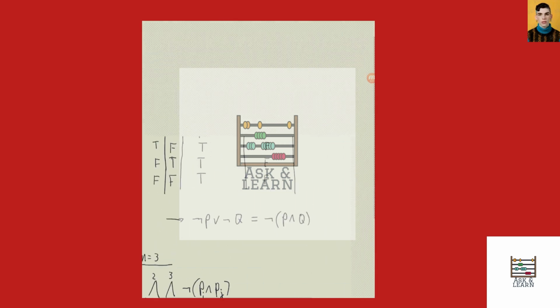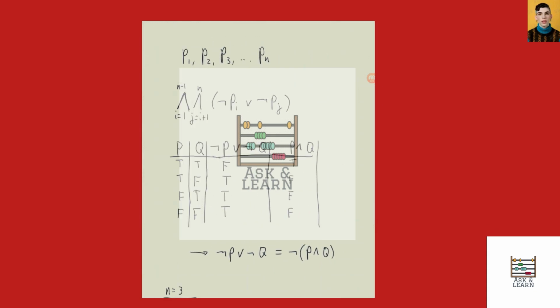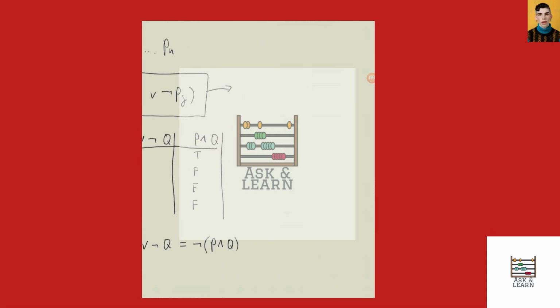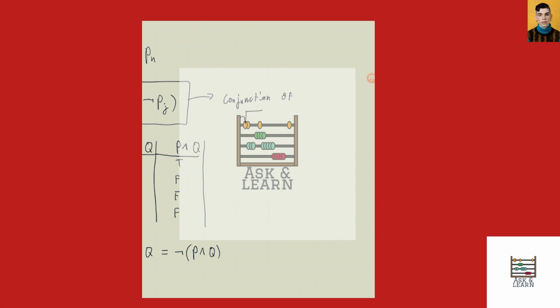So essentially, our overall statement is the conjunction of the negation of every possible pair.